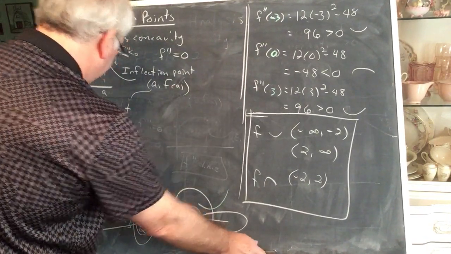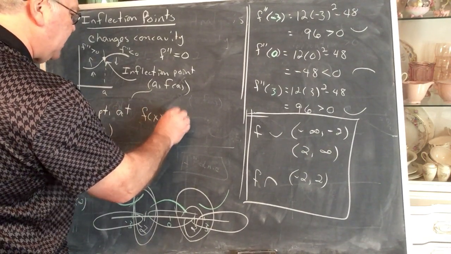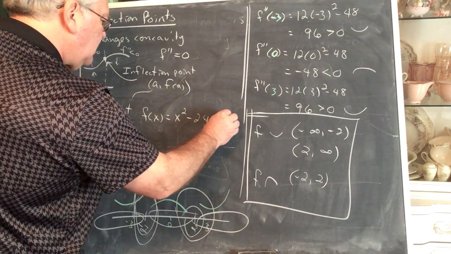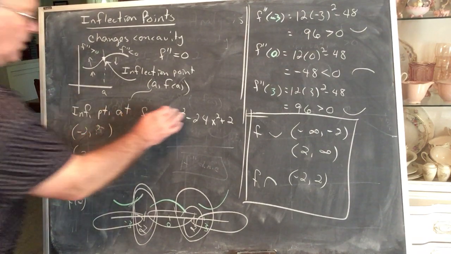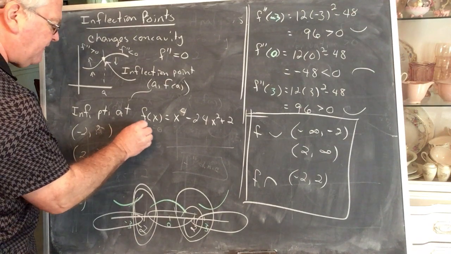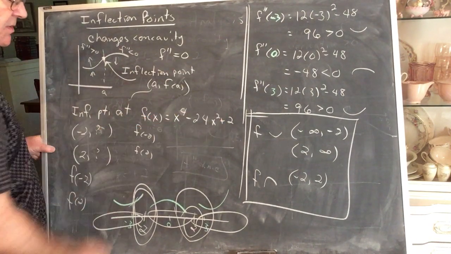Our original function, if you recall from the previous example, was x to the fourth minus 24x squared plus 2, I believe it was. And so we evaluate f at -2 and f at +2 to determine those values.